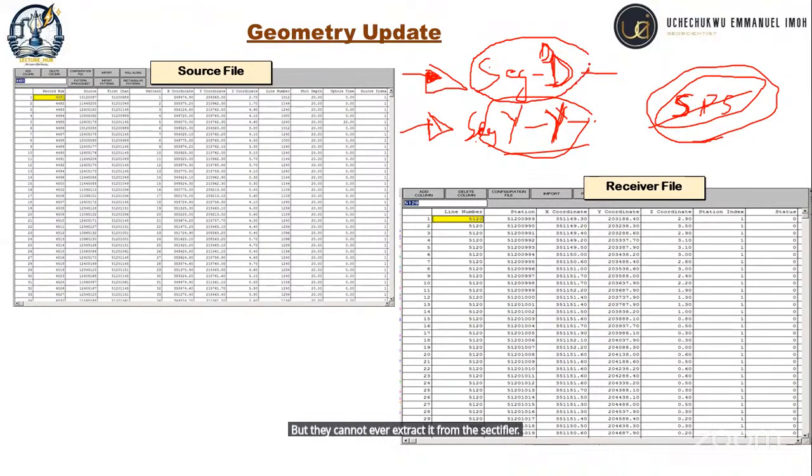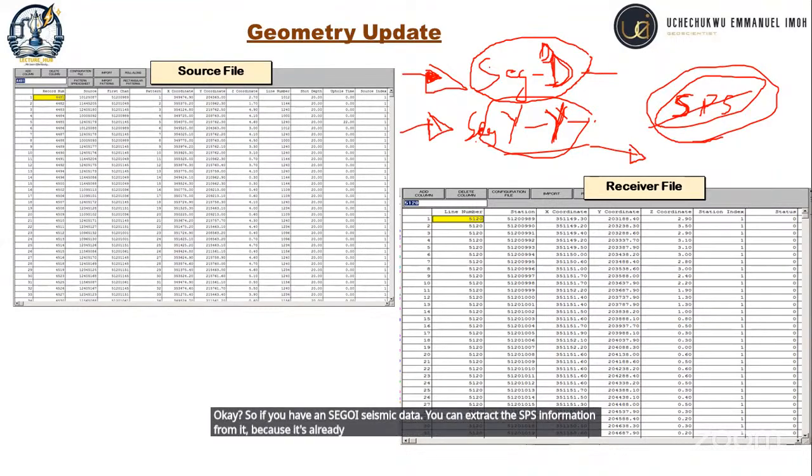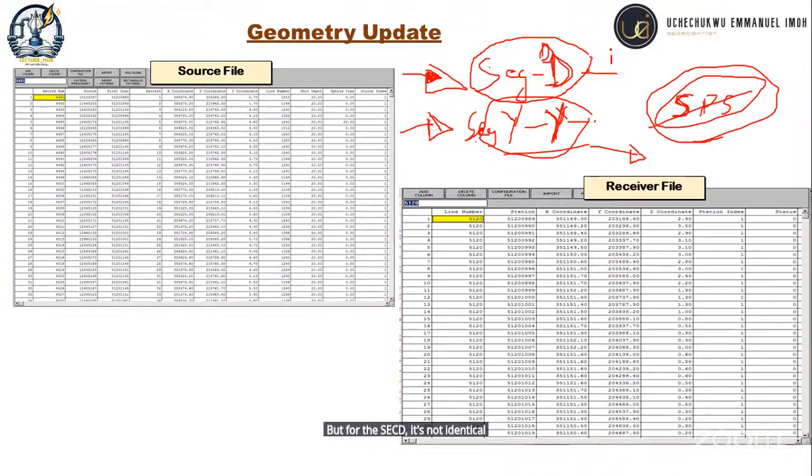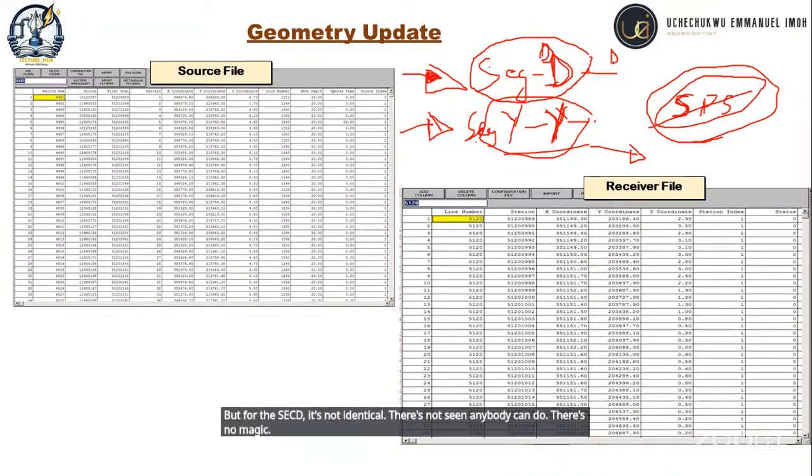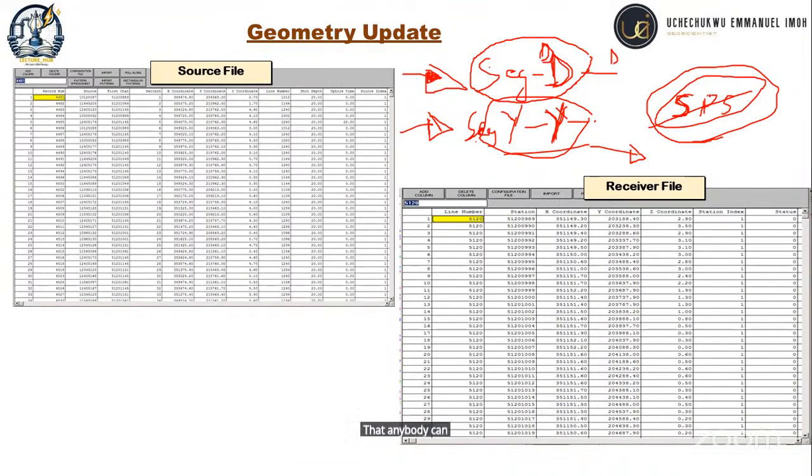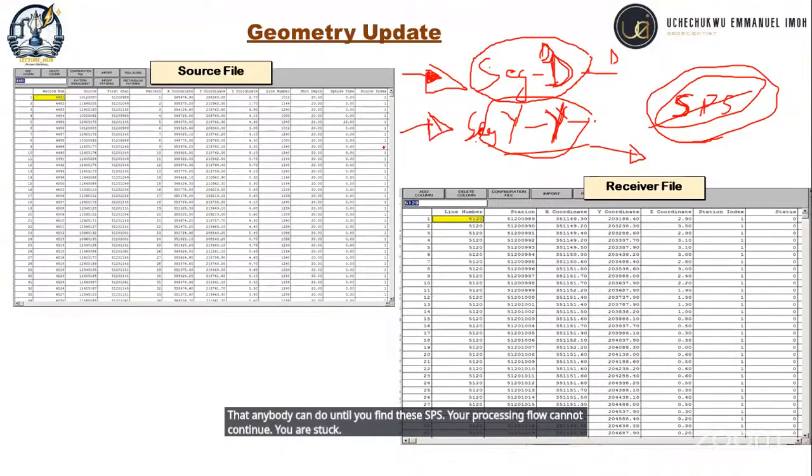Okay? So if you have seg-Y seismic data, you can extract the SPS information from it because it's already been identified. It has those identities written into it. But for the seg-D, it's not identified. There's nothing anybody can do. There's no magic that anybody can do until you find this SPS. Your processing flow cannot continue. You are stuck. So that is that.